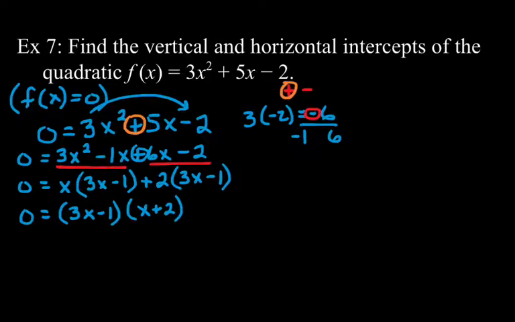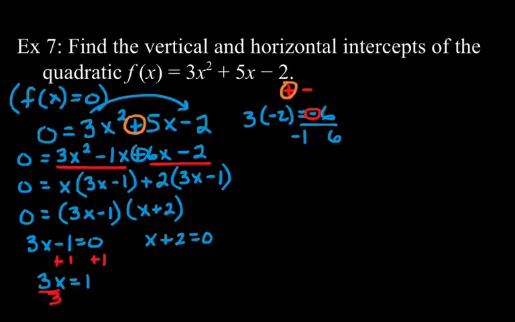And then we take those values and we set them equal to 0. So each factor, 3x minus 1 equals 0, and x plus 2 equals 0. Once we've done that, we're going to solve. So add 1, and that will give us 3x equals 1. And then divide by 3. So we get x equals 1/3.